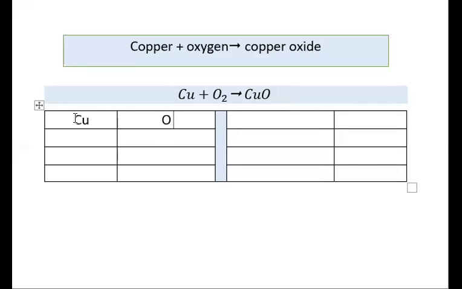Okay, so we have copper, we have oxygen, and we should have copper and oxygen on the other side. All right, how many coppers do we have as reactants? 1. And how many oxygens? 2. How many coppers do we have as products?